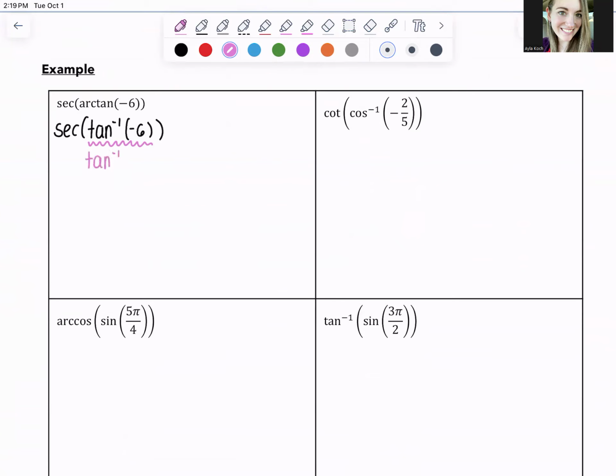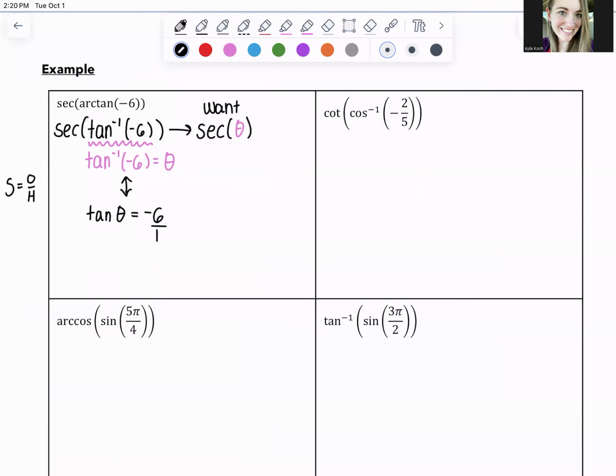Tan inverse of -6 is equal to theta, which means what we're looking for is secant of theta. We can rewrite tangent inverse of -6 is equal to theta as tangent of theta is equal to -6.